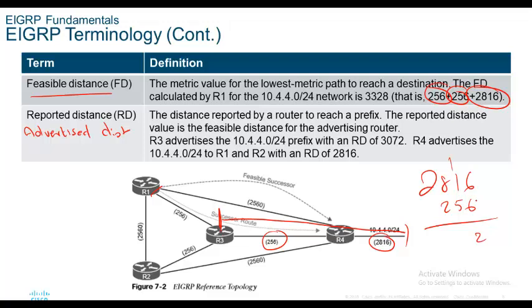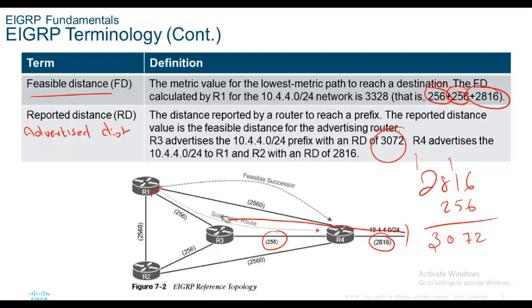The distance reported by the router, this is the router that is advertising this prefix. This router R3 says, in order to reach that destination, for me, metric is 3072. That is what it is advertising.